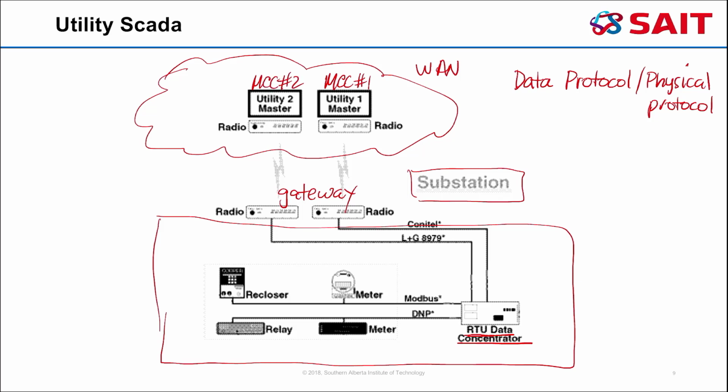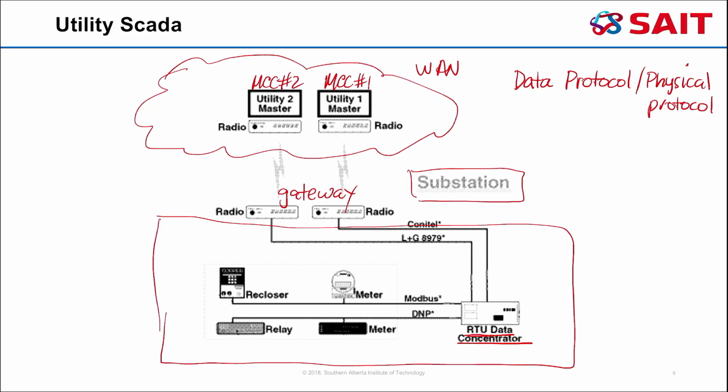We can certainly have an RTU providing two roles. It can be a slave to a master for wide area network 1, and at the same time, simultaneously, it can be a slave to a wide area network number 2. Two different utilities, two departments, two different masters.